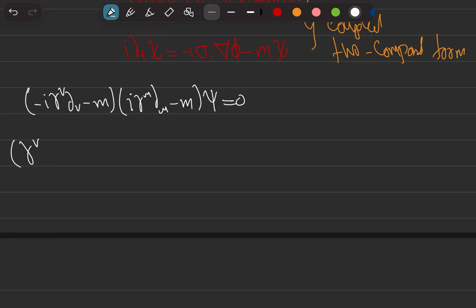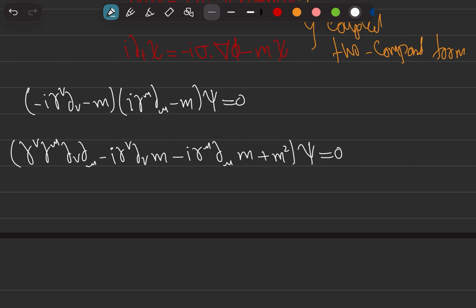So you get γ^μ ∂_μ γ^ν ∂_ν, minus i γ^μ ∂_μ m, minus i γ^ν ∂_ν m, plus m squared, into psi is equal to 0.